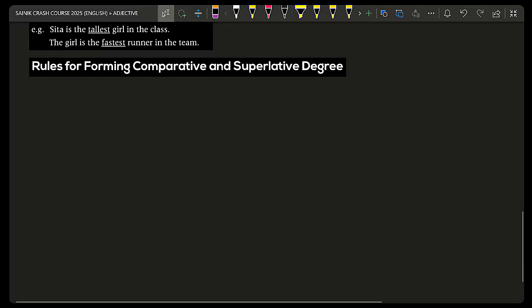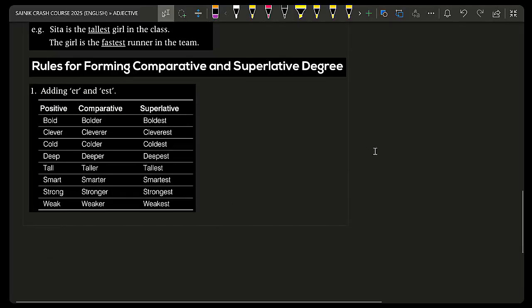Okay. So by adding ER and EST, most of the time we get comparative and superlative degrees, but always it may not be possible. But most of the time we can create them by adding ER and EST. See: positive, comparative, superlative. Bold, bolder, boldest.